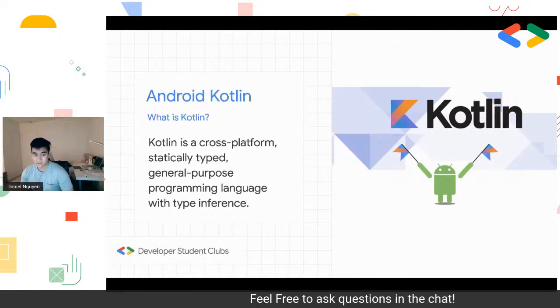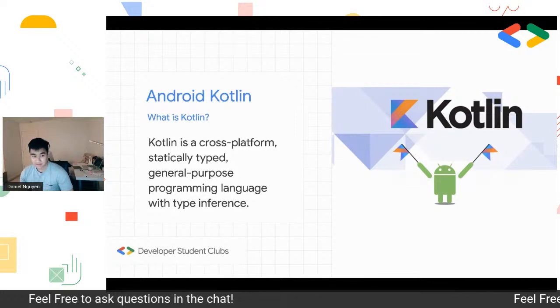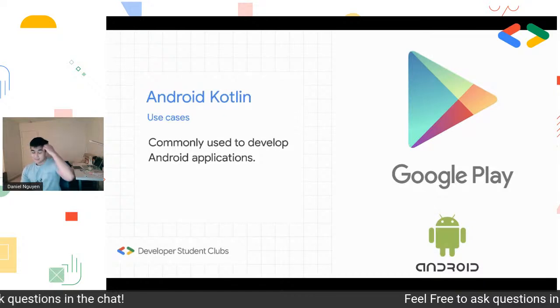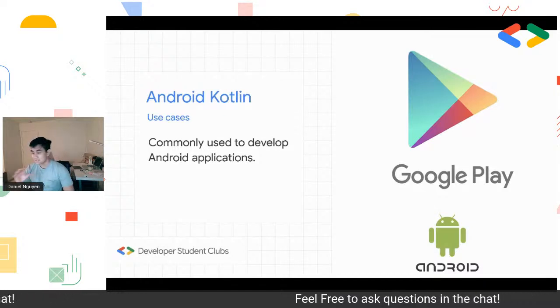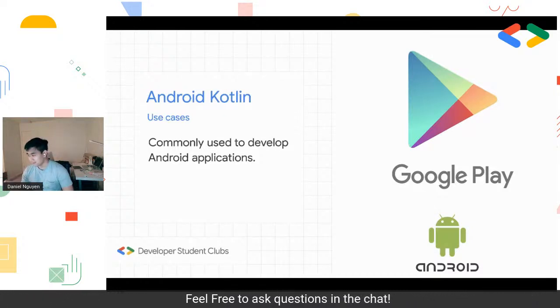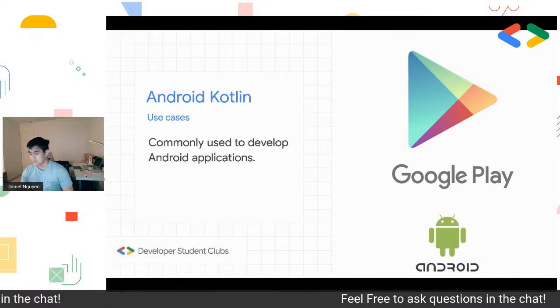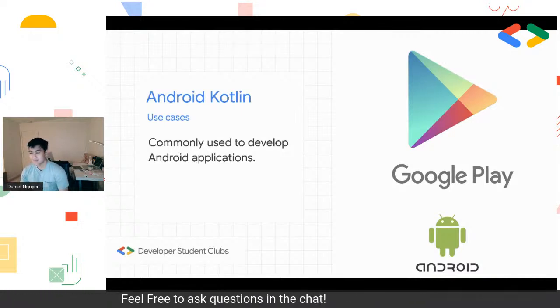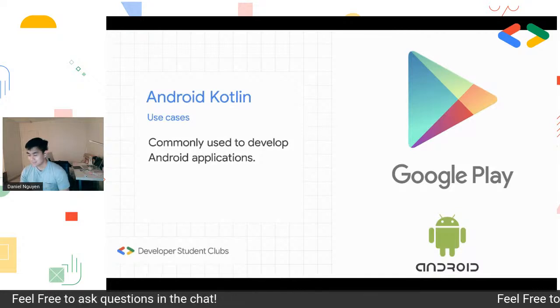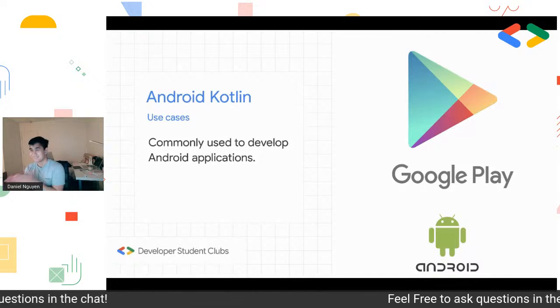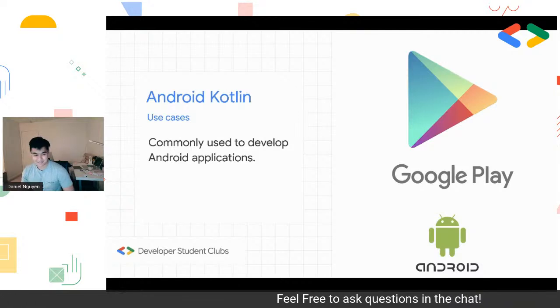Recently, they've also been moving to iOS development and further expanding. It's commonly used in Android applications, which are not only on phones but also found on TVs, in cars, and a few other things.